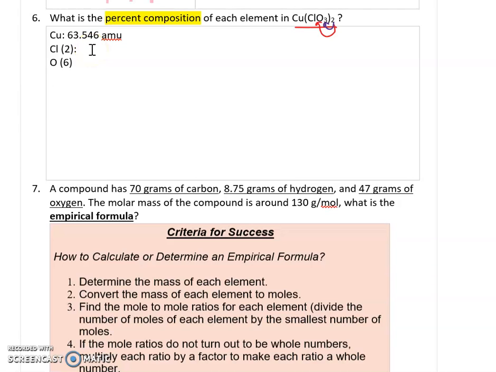Chlorine has a mass in the periodic table of 35.453, but I have 2 atoms of chlorine, so I'm going to multiply that by 2. And then oxygen has a mass of 15.999, but I have 6 atoms of oxygen here, so I'm going to multiply my number by 6. So now I'm going to do these multiplications, so then I can add all of these individual elements into one total mass.